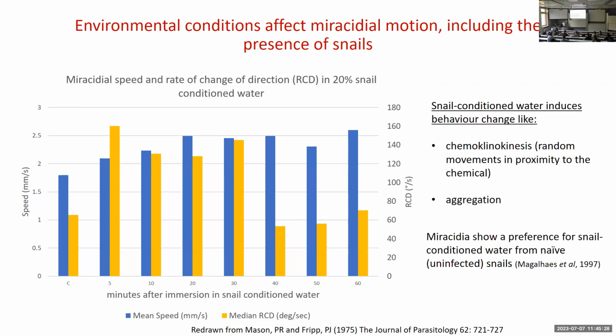We know that they aggregate, and what is really interesting is that the Miracidia show preference for snail conditioned water from naive, meaning uninfected, snails, as if the Miracidia would prefer snails that are not infected, because it increases their chances to develop inside the snail into the next phases. So they used conditioned water from uninfected and infected snails, and uninfected snails attracted Miracidia more.